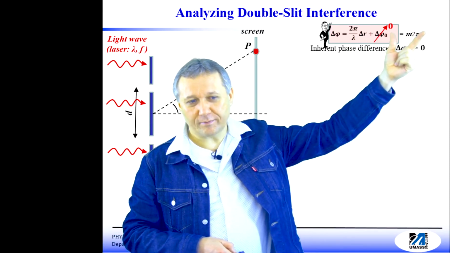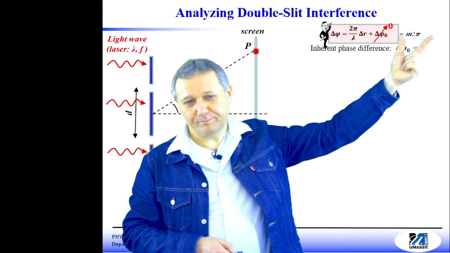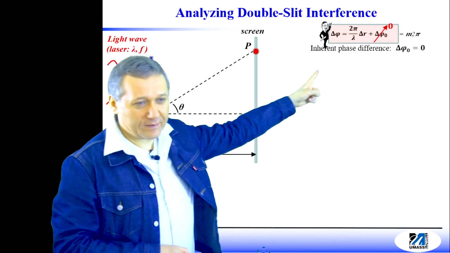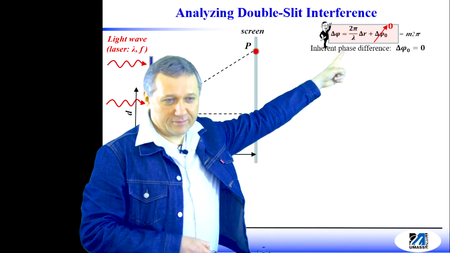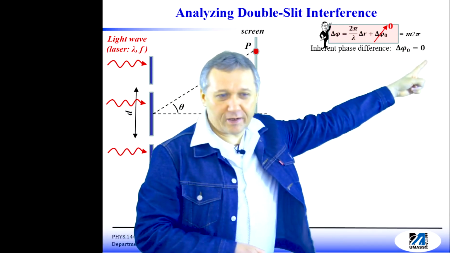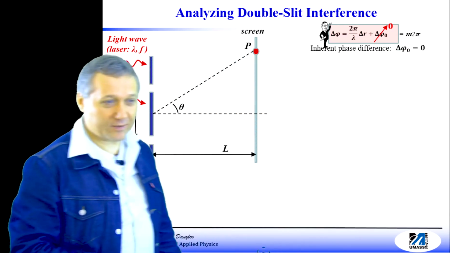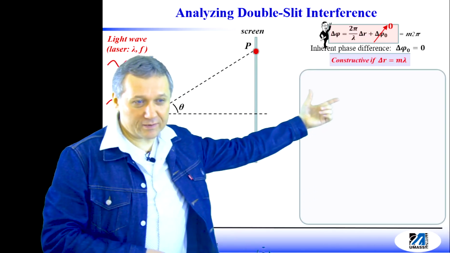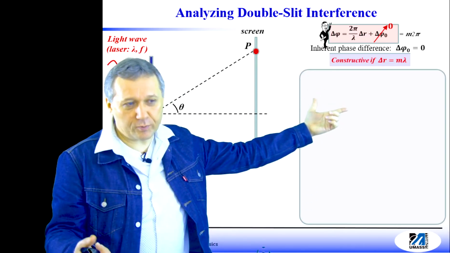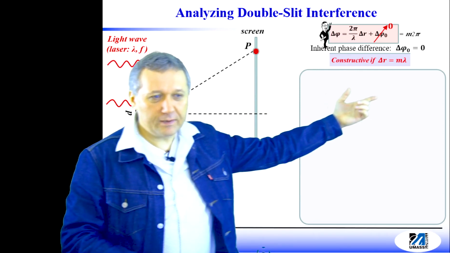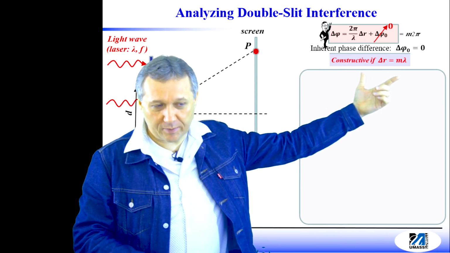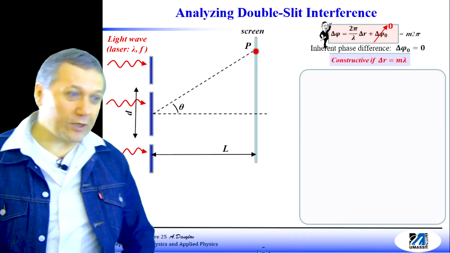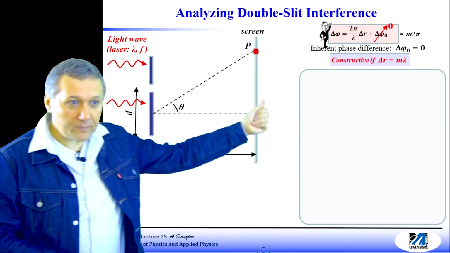The wavelength, I can move to the right-hand side of the equation. And as a result, the condition for a bright spot, constructive interference, will look like this: delta r equals m lambda. Again, in the previous recitation class we used this condition. Okay, so that's what we need to use.